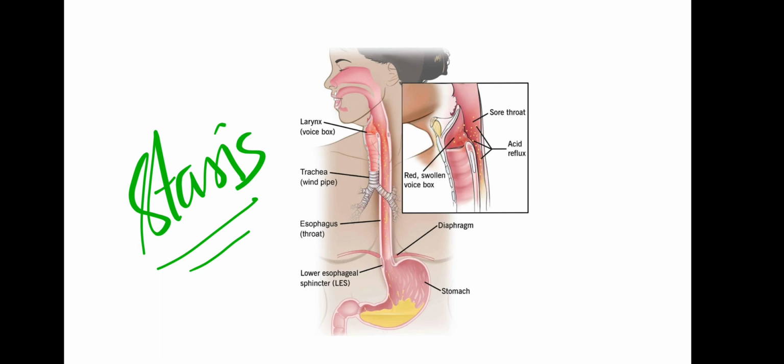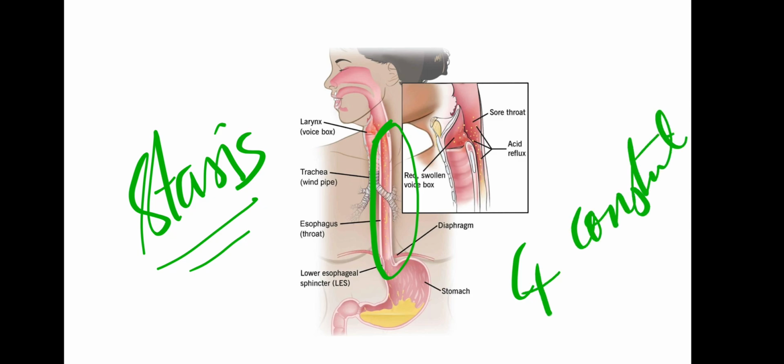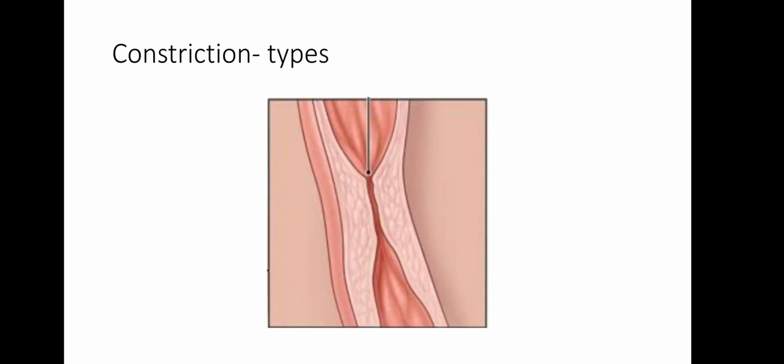These secretions can inflame the esophagus, more commonly at the 4 points of constriction, and can irritate the esophagus more likely in the constriction sites. This is another importance. And this can lead to constriction or narrowing of the tube like this.